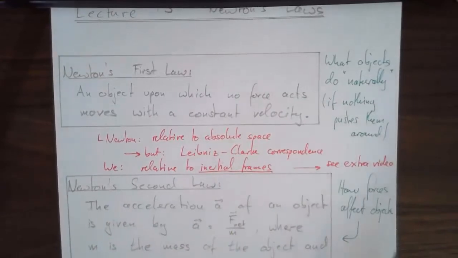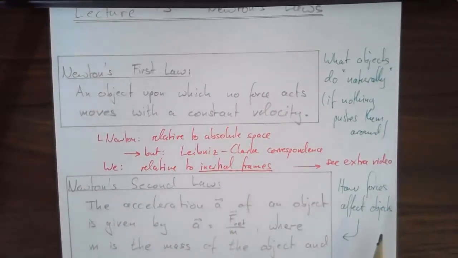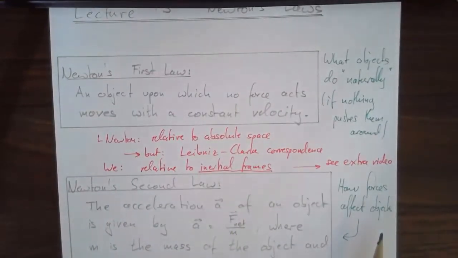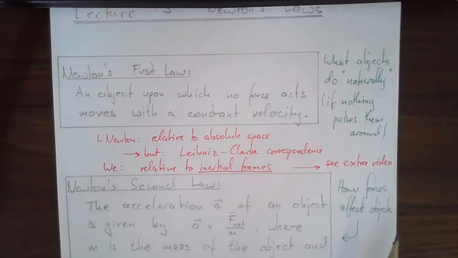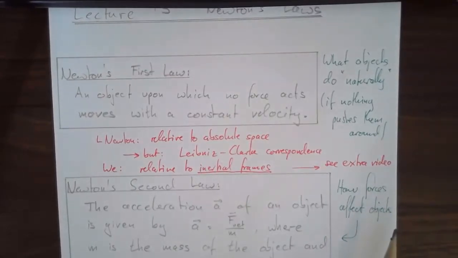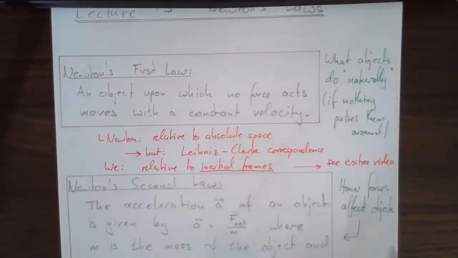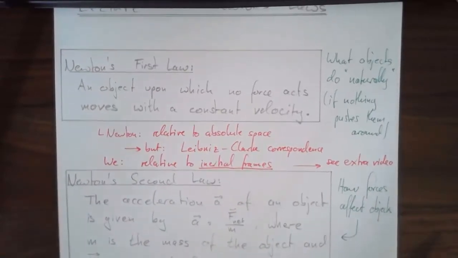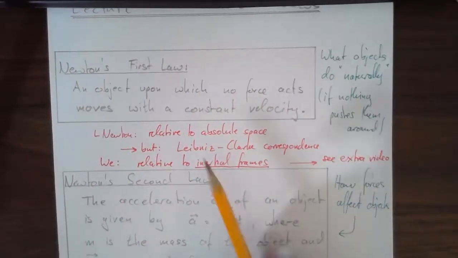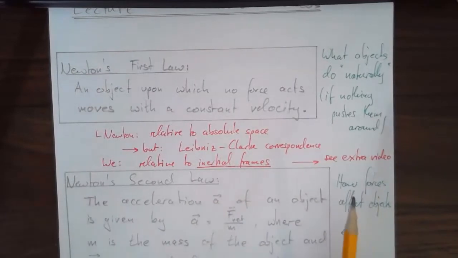Well, eventually it's going to come to rest. It doesn't keep going with a constant velocity forever. Why is that? Well, of course it is because there are forces acting on it. There's friction with the ground, there's air resistance. So these dissipative forces, as they're called, they're all around us. We can't get away from them.